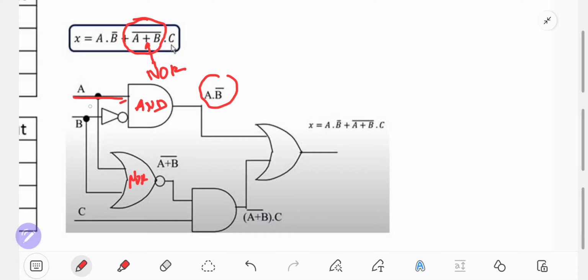If you combine A and B as input, the result is A plus B accent as output.